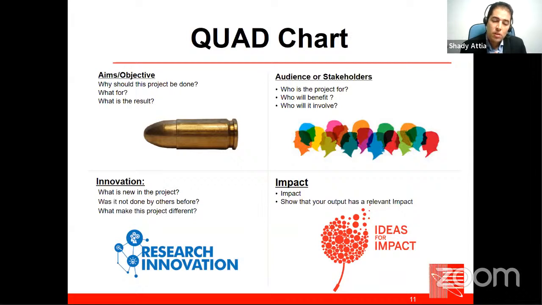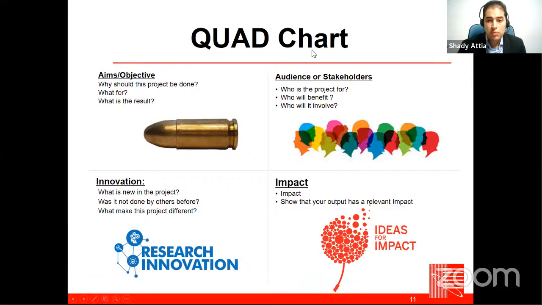It's a very common way to bring together different elements of your paper early on during the conceptualization or the brainstorming phase, where in this quad chart you have to define a very clear aim, define also some operational objectives, define who is the audience and the stakeholders who should benefit from this work, whether they are on the policy side, on the research side, NGOs, industry people, practice and professionals. So it's important to look at that.